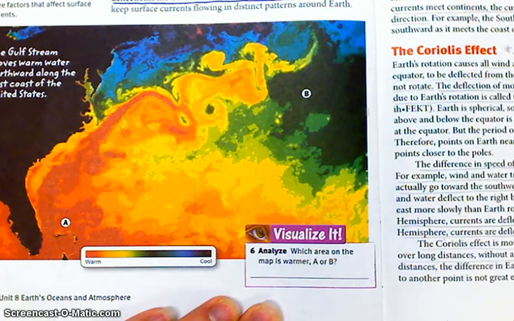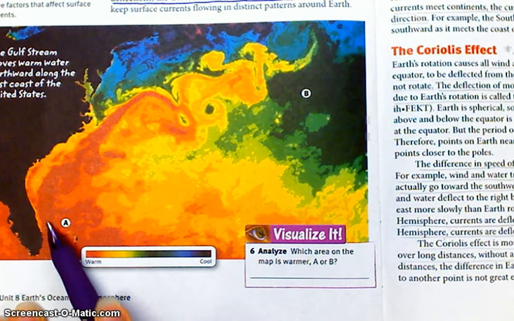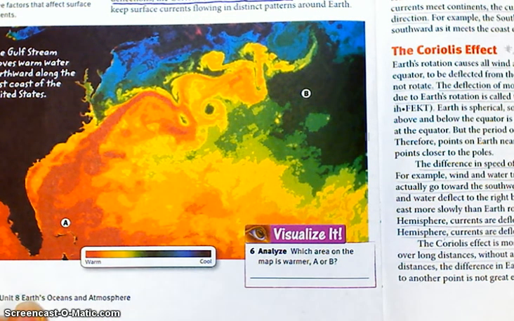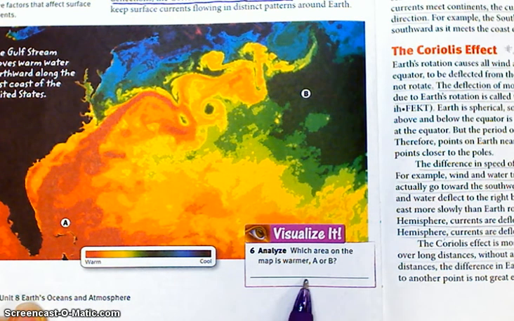It's asking which area on the map is warmer, A or B. Remember, this is showing you the Gulf Stream, which is a surface current that comes up along the east coast. Notice that red indicates warm and dark blue indicates cool. So which area on the map is warmer, A or B?